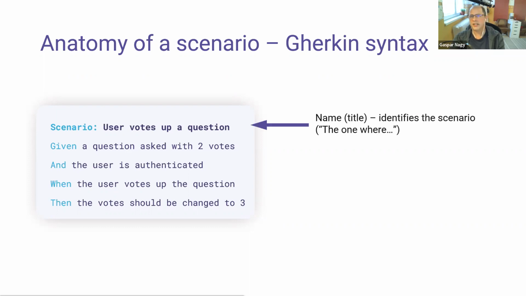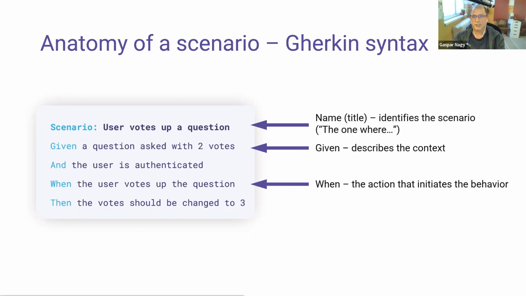And probably these are very clear. So a scenario has a name, which is identifying the scenario. Some people use the Wombat kind of naming scheme, very useful for that. We have different steps within a scenario. We have given steps that are describing the context, describing the preconditions of the particular scenario. We have when steps, which are actions that are triggering the behavior that we wanted to describe with the scenario.